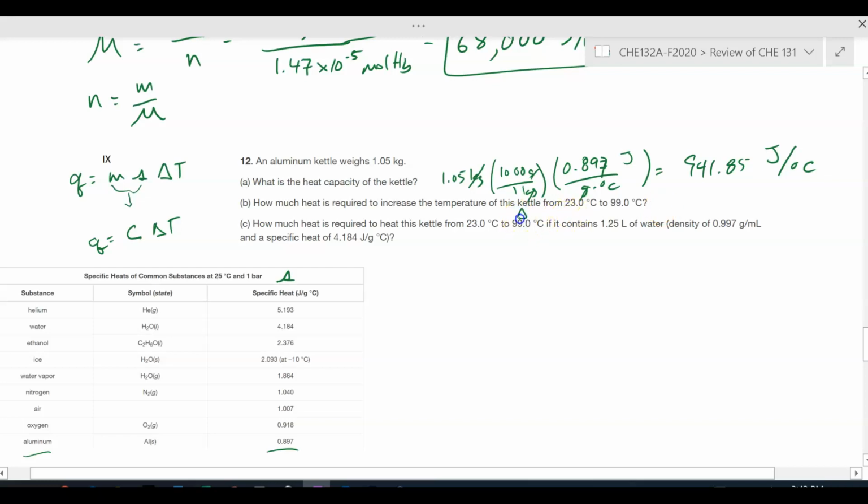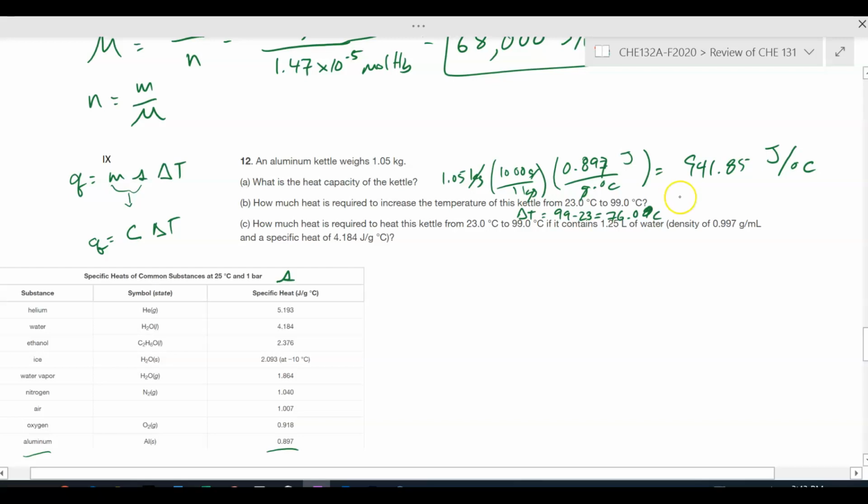Delta T here is 99 minus 23, and that's going to be 76.0 degrees C. Right? Let's try it. Check it. 99 minus 23. 76, yes, right.